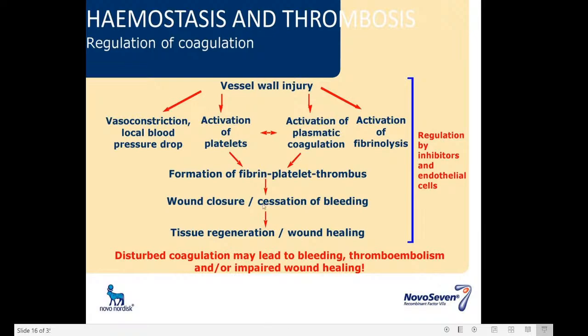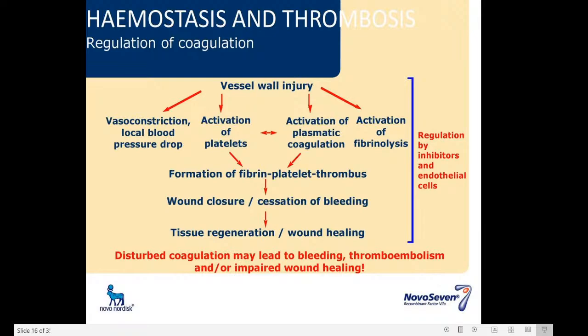After the bleeding stops, tissue regeneration starts, and it is called wound healing. Disturbed coagulation may lead to bleeding, thromboembolism, and impaired wound healing, causing diseases. All of this is regulated by inhibitors and endothelial cells.